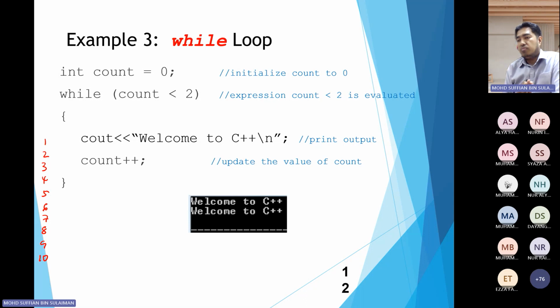Okay, let's say I want to print number 1 to number 10. Okay, how do I want to construct it by using C++? Can someone show me the code in C++ to print 1 to 10?